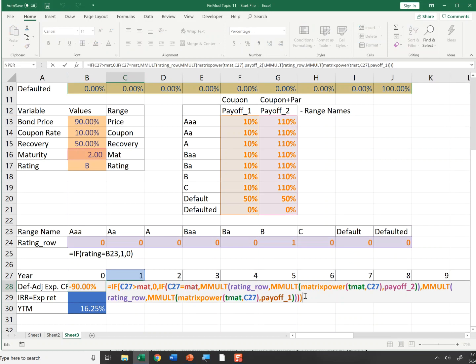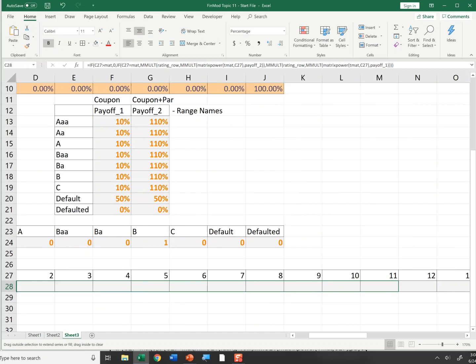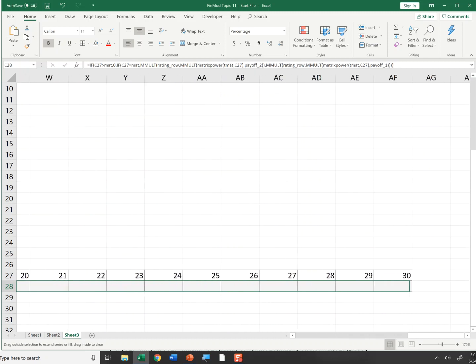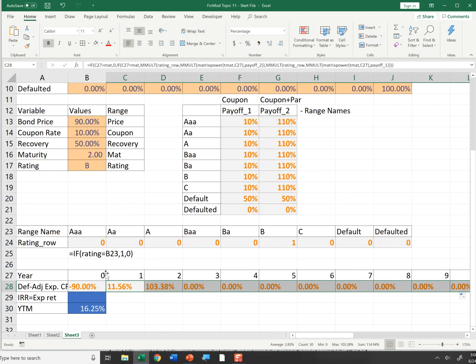I'm not going to make you type this in here because it's painful to do, but I do want you to walk through this because you're going to have to modify this for one of the assignments. This is the nasty if-then statement that we simply need to put here and then copy over for 30 years. And it'll calculate the cash flow in every year.